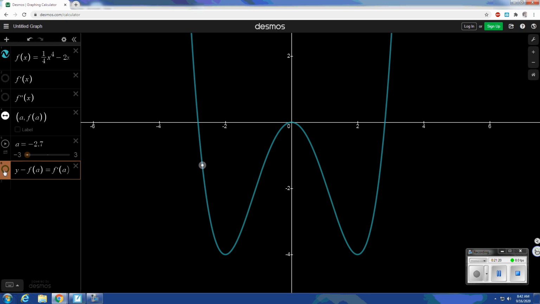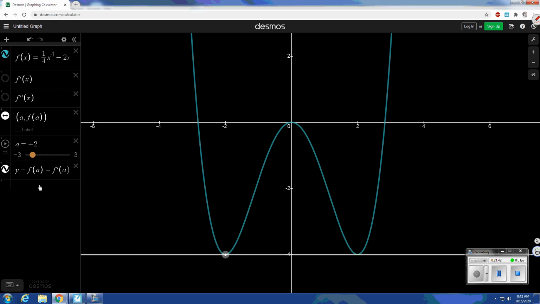You can see the leftmost section, the graph is decreasing. And when I put the tangent line up, the tangent line slope is negative, which is what we said. Now, if I run through this, you can see that the tangent line slope is remaining negative up until the point where it reaches our first min. And when we get there, we can even check the value of f prime of a.